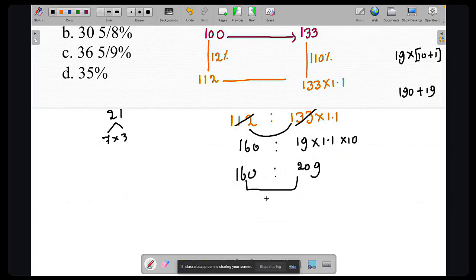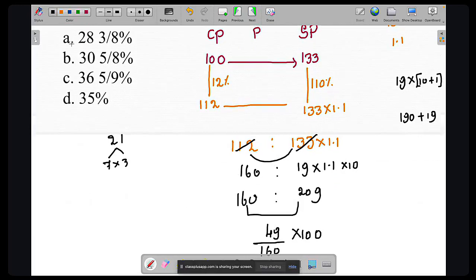49 rupees. 49 rupees profit on 160. 160 into 100. You only tell what is the profit percentage. Guess and tell.